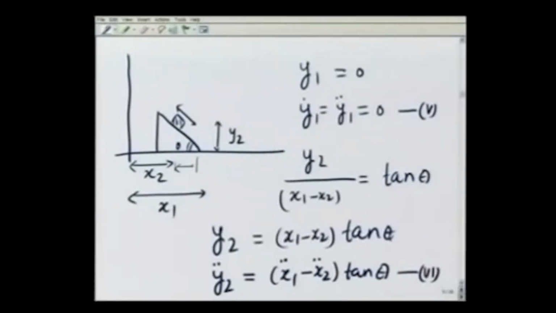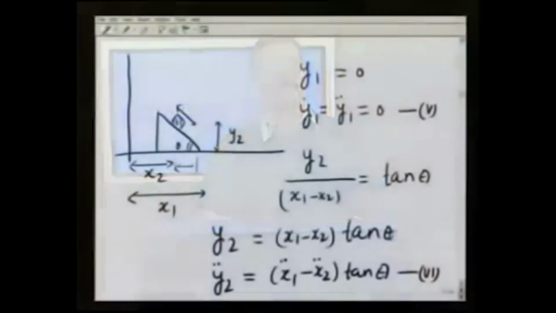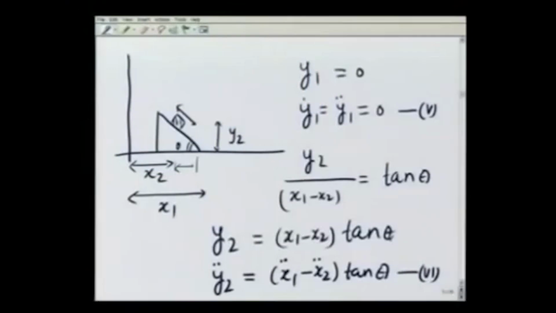I now have 6 equations and 6 variables, and I can solve the equations. I'll solve it partially to get the value of N1, and the rest follows very easily.